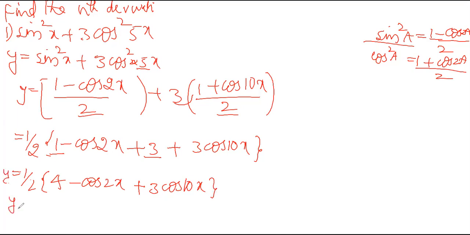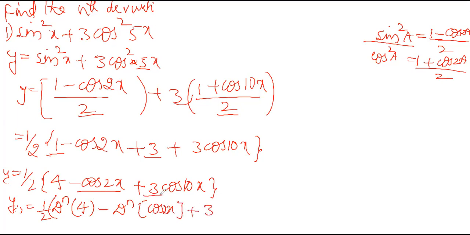We are finding the n-th derivative, that is yn. You know that one. How to do it: you write the constant, then the n-th derivative of each term. I write directly 1 by 2, then the n-th derivative of this 4, then minus the n-th derivative of cos 2x separately, then plus 3 into, the constant 3 is taken outside, the n-th derivative of cos of 10x.